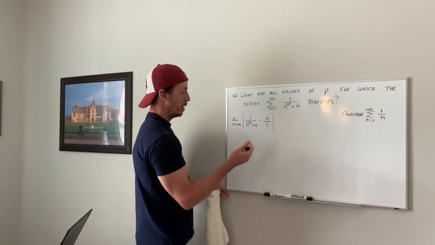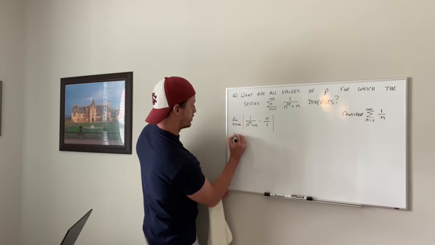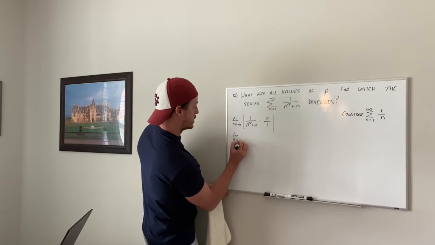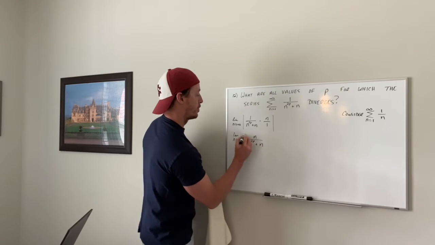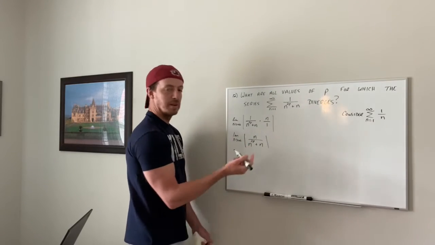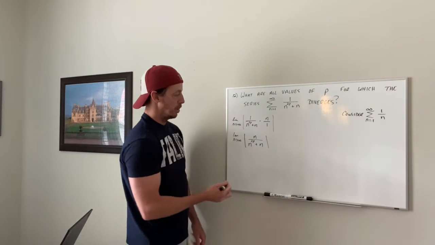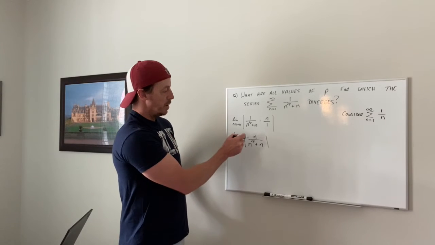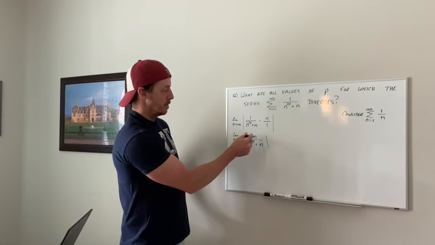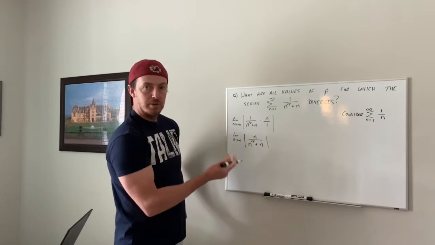We can clean this up a little bit. The limit as n approaches infinity of n over n to the 2p plus n. And we don't really need the absolute value because everything would be positive here anyway. Regardless of what p is, this is just a rational expression.